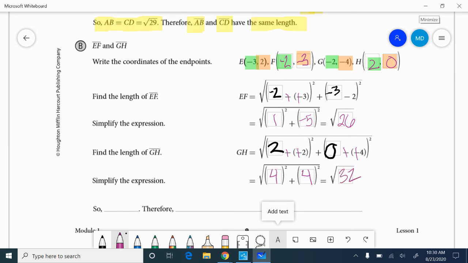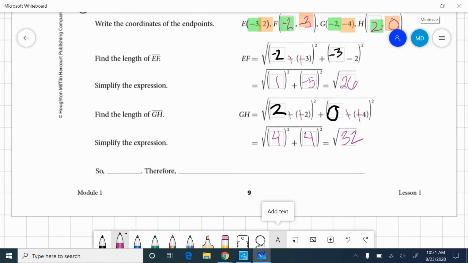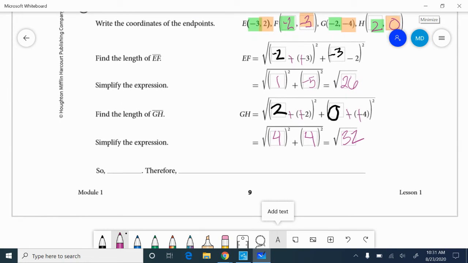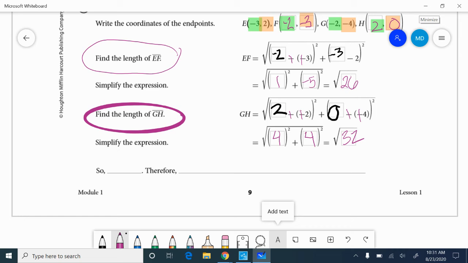All right, so now we've got to take this math and make some sense of it. The length of EF was the square root of 26, and the length of GH is the square root of 32. Those are not the same number.